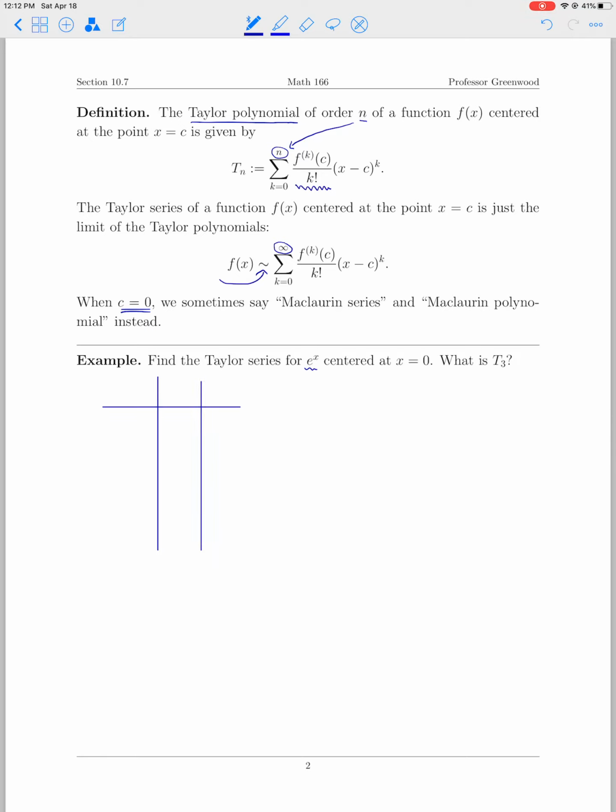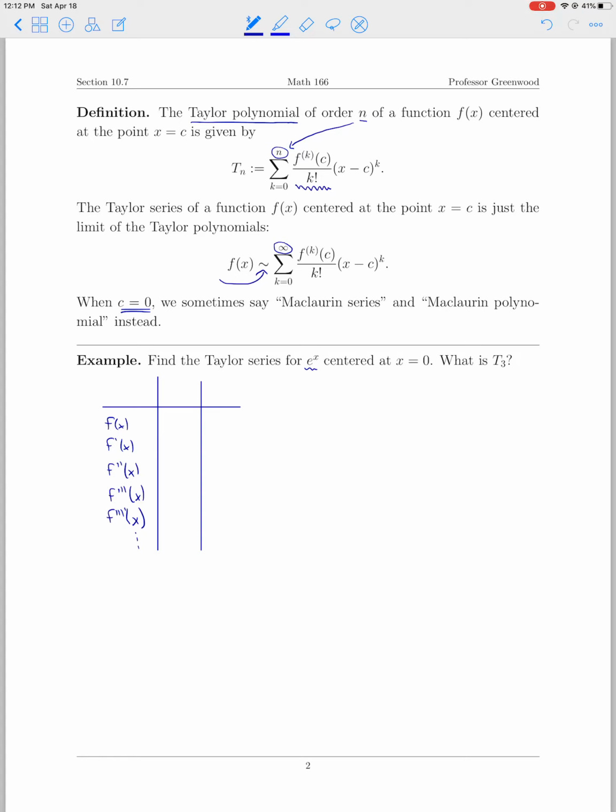And so in my table, I'm going to have lines devoted to f of x, f prime of x, f double prime of x, f triple prime of x, f quadruple prime of x, and so on. And so the reason why I want to figure these out is because I'm going to need to plug them in order to find the Taylor polynomial.